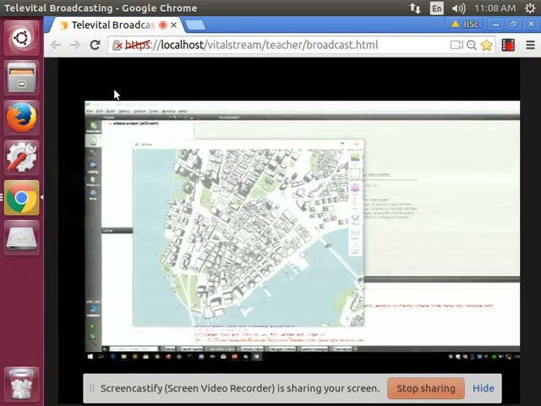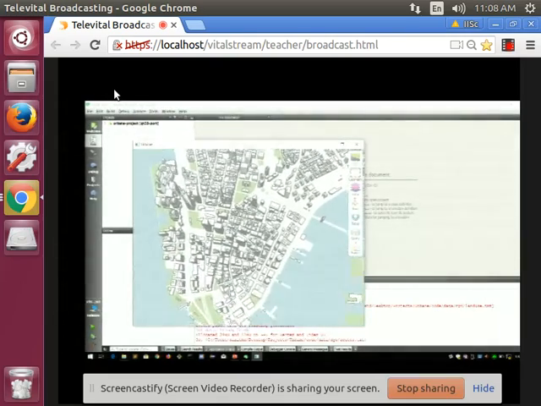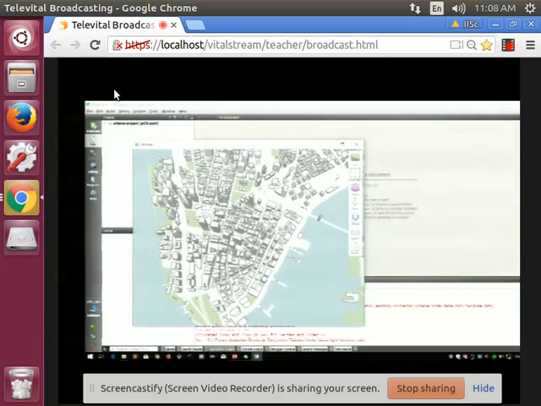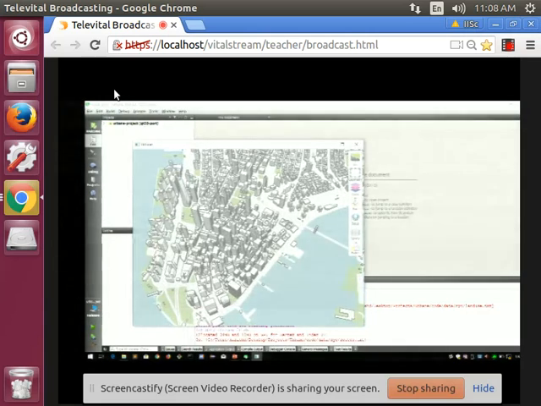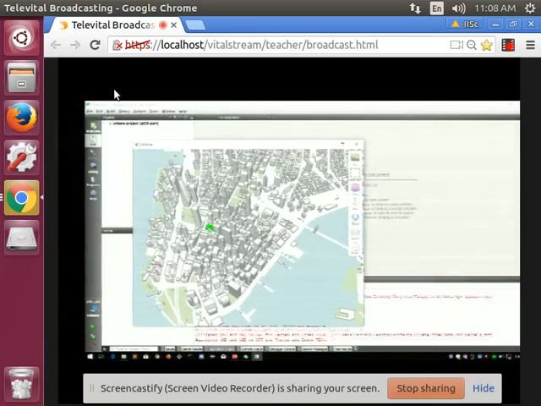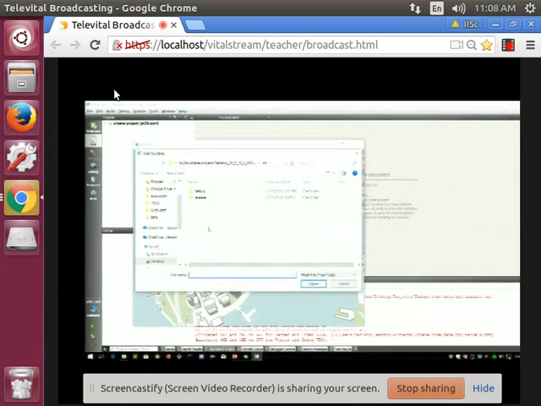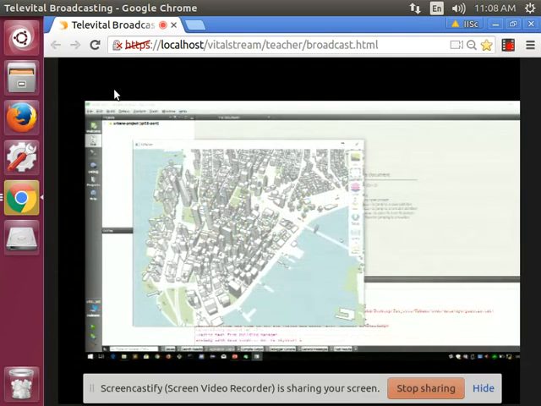So for example, say I'm interested in changing some building with some other building, right? So maybe this is a really old building and I want to construct a new tower over here. So what I can do is replace the building. In this case, I'm going to put just a simple tower.